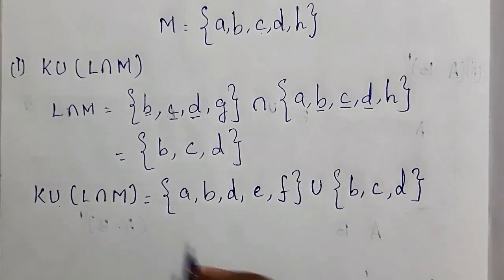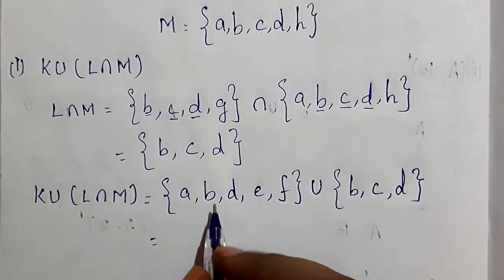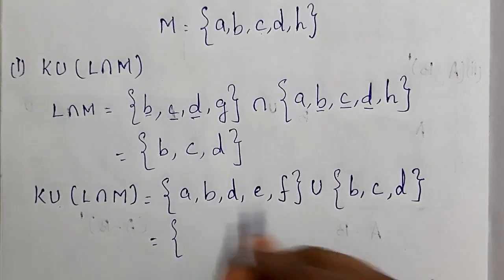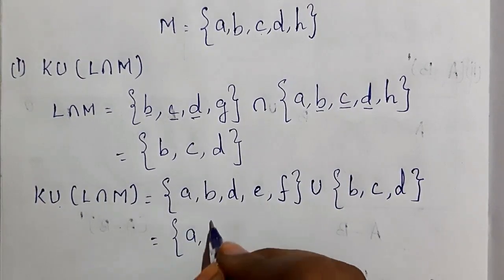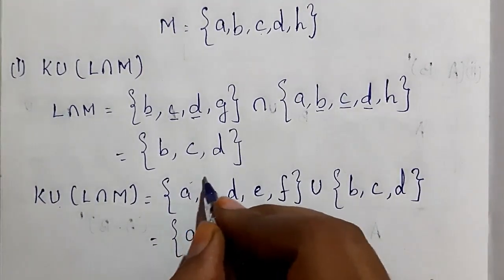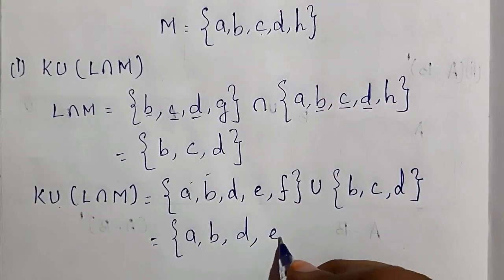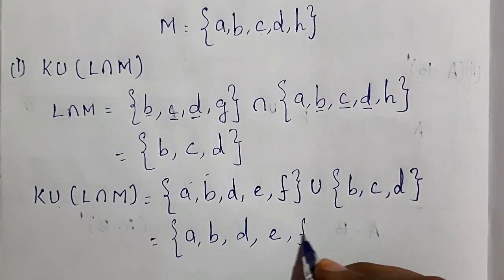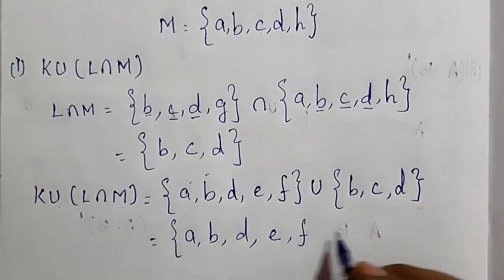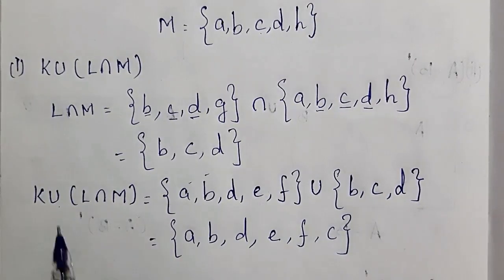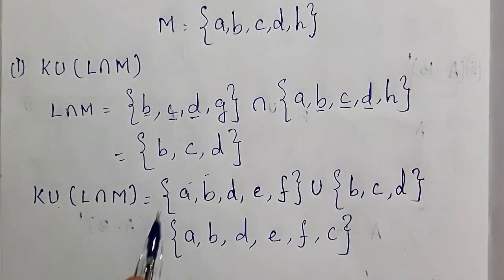Then do the union. You know union means elements of this set and this set, all the elements of both sets. So a, b, d, e, f first, I have written this set. B already written, C, then D already written. So this is the first part we found.